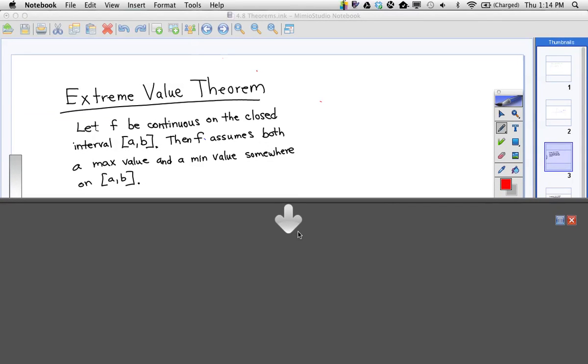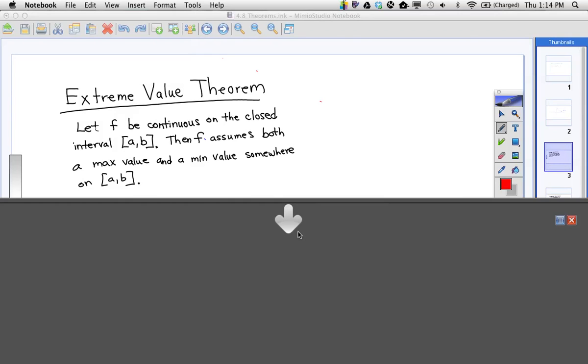Let f be continuous on a closed interval [a, b]. Or you could say, if f is continuous on a closed interval [a, b], then, hypothesis and conclusion, like the old if-then statements. Hypothesis is the first part, conclusion is the last part of the result.